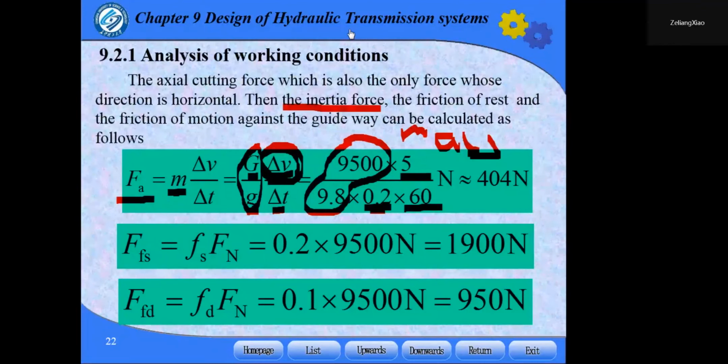So we can get the inertial force. It's about 404 Newton. Then we can calculate the friction of rest, which means this machine in the startup period.